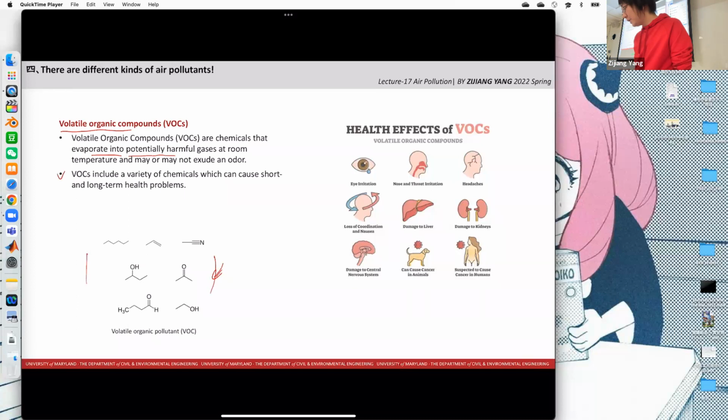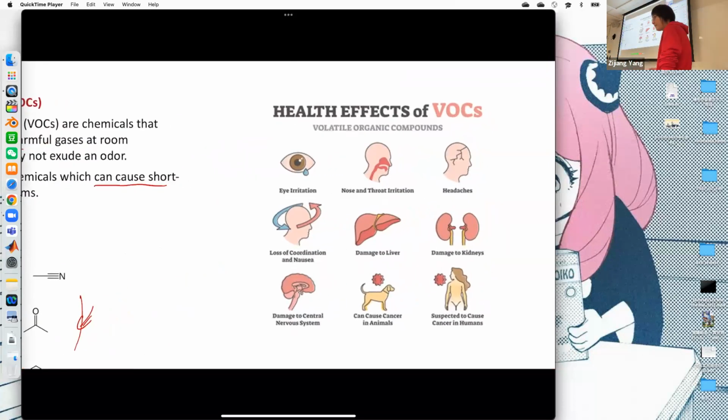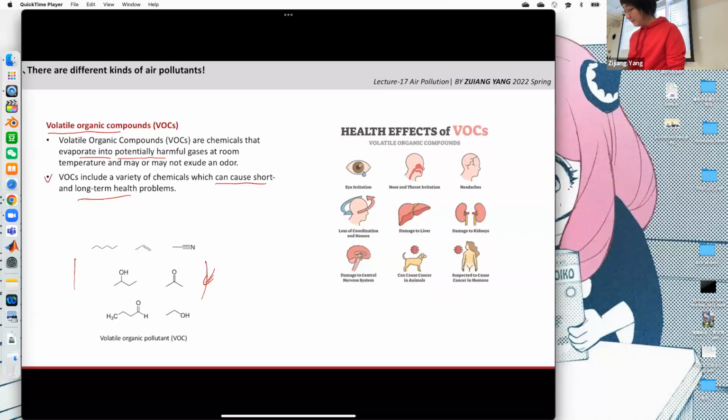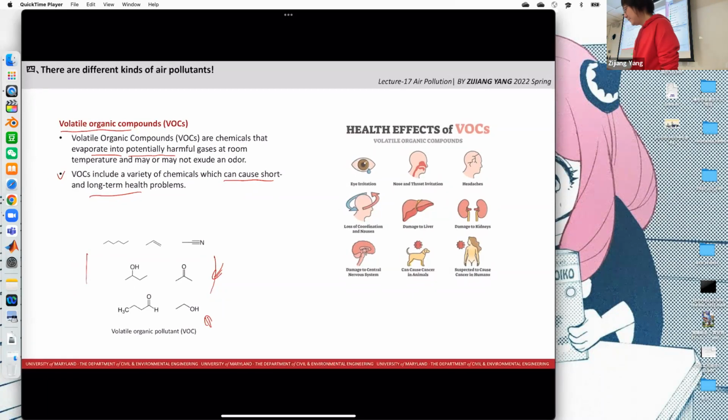VOCs include a variety of chemicals which can cause short-term or long-term health problems. On the right side, it shows some of the health effects. But because volatile organic compounds include many different chemicals, we may discuss the adverse effects case by case.